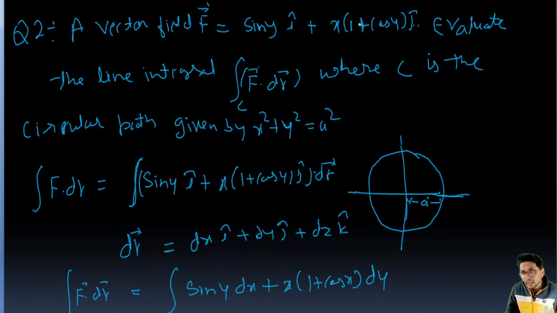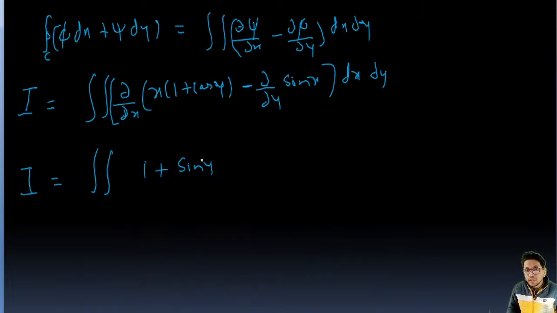Question is correct, guys. There is some mistake from our side. Okay, so this is going to be 1 plus sine y, because we are differentiating with respect to x. We have made a mistake here in differentiation.